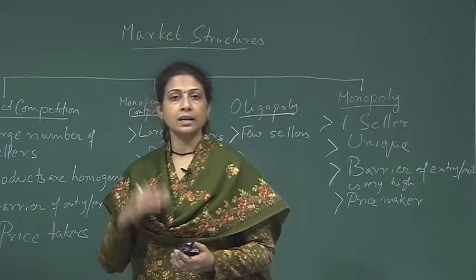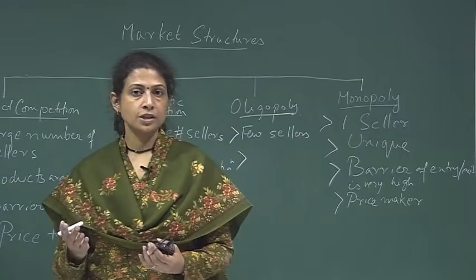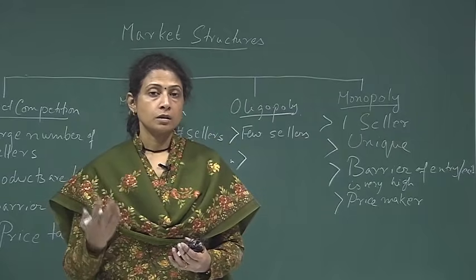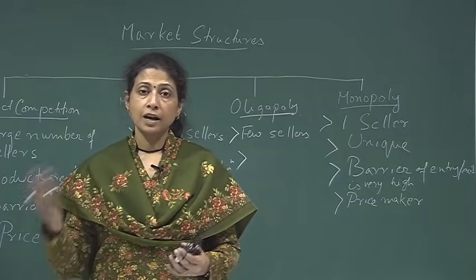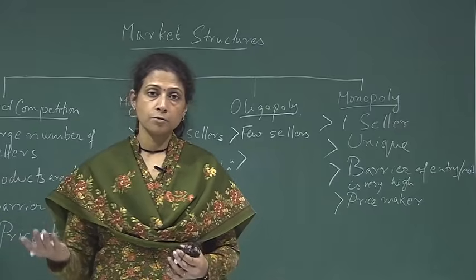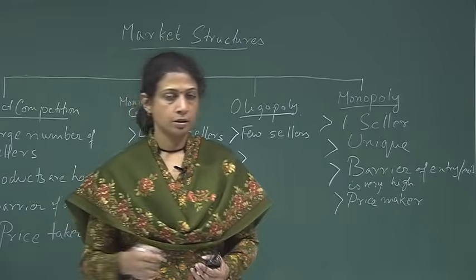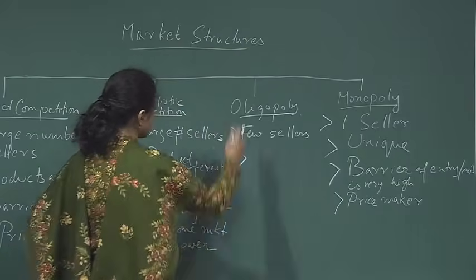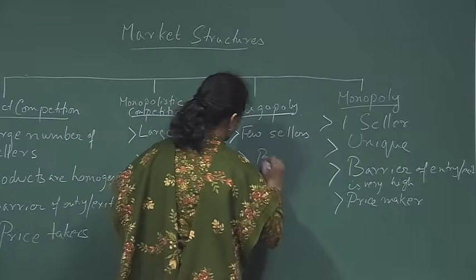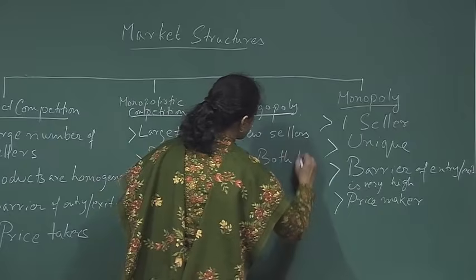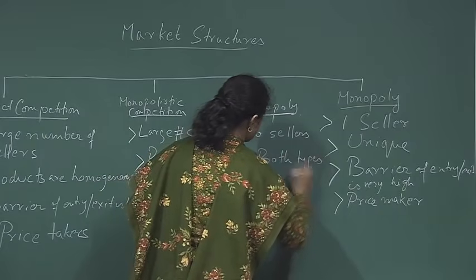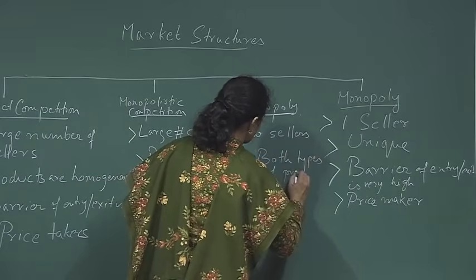The airline service is differentiated, and car manufacturers with different models are highly differentiated products. So in oligopoly you can have both types of products.